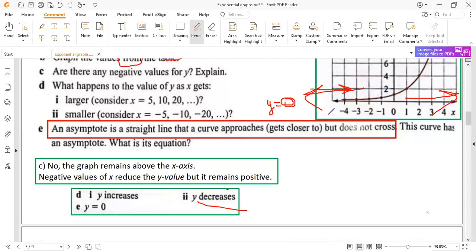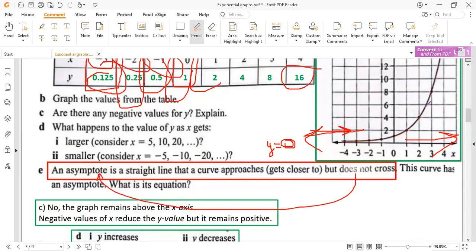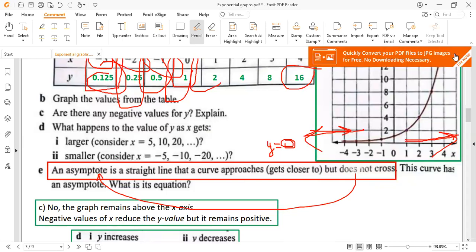When it gets closer to the x-axis but doesn't cross it, we say it is an asymptote. An asymptote is a straight line that a curve approaches but does not cross. When x increases, we saw that the graph increases, so the value of y increases as well.